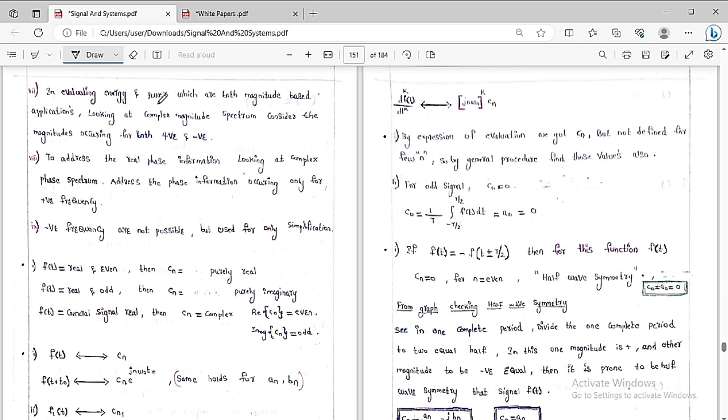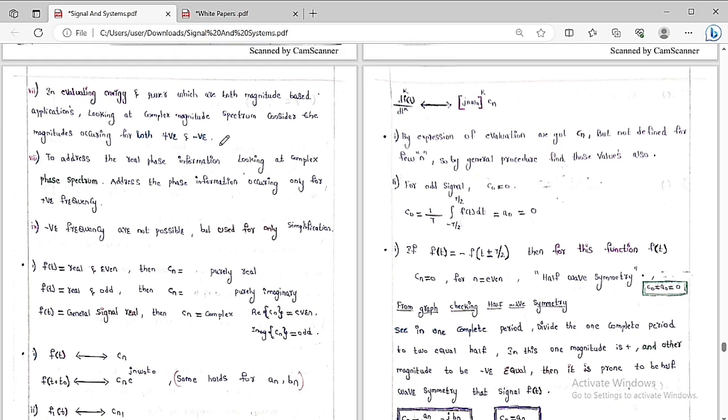So in evaluating the energy and the power, which are both magnitude-based applications, looking at the complex magnitude spectrum, consider the magnitudes occurring for both the positive as well as the negative frequencies.